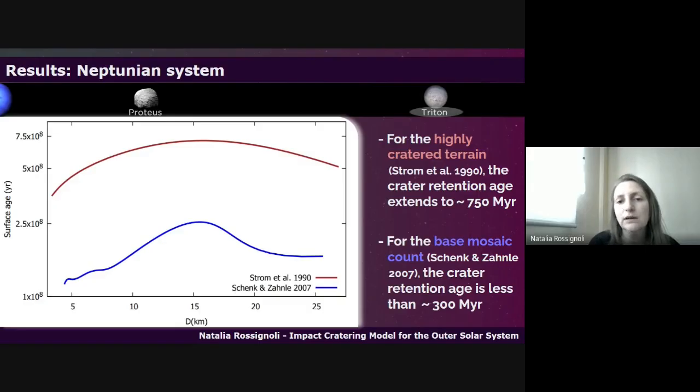Essentially, this was 300 million years ago or longer ago. That is the kind of constraint that we can apply to this system with the current crater counts. I don't know if the answer is clear.